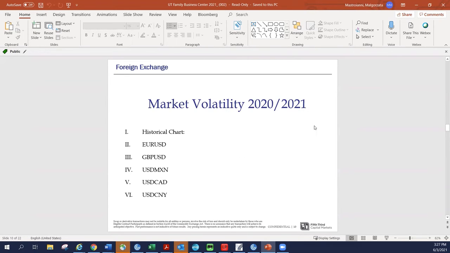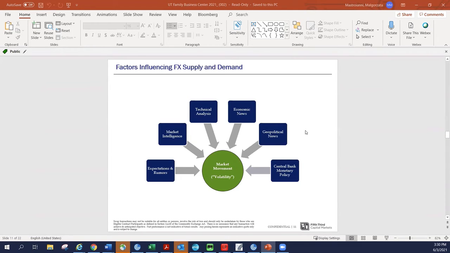So now we're going to talk about what happened during the pandemic and focus on some of the major currency pairs. A lot of factors influence the foreign exchange market, one of them is central bank monetary policy.